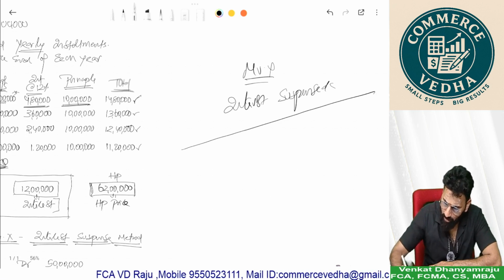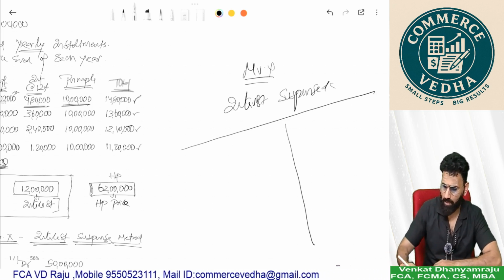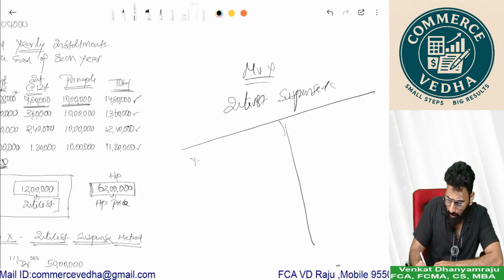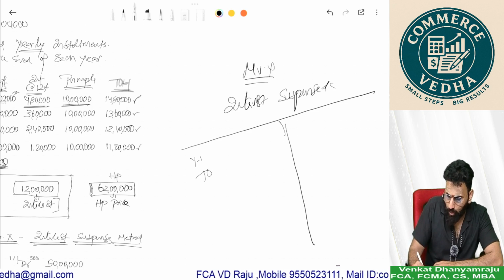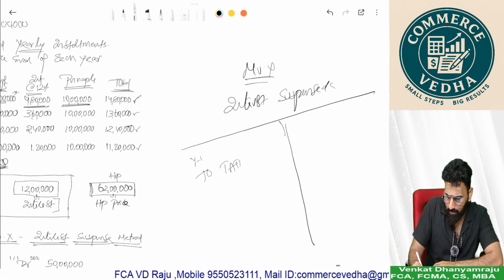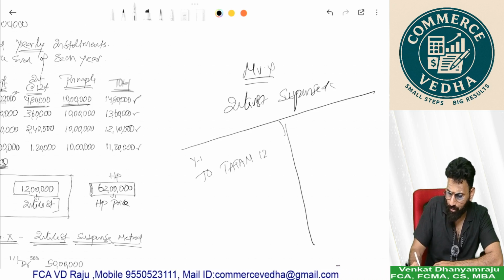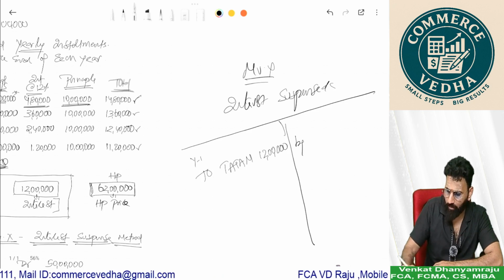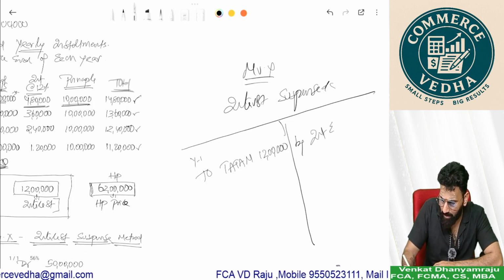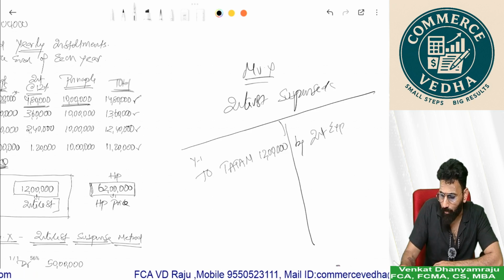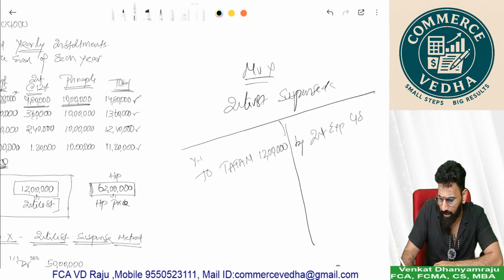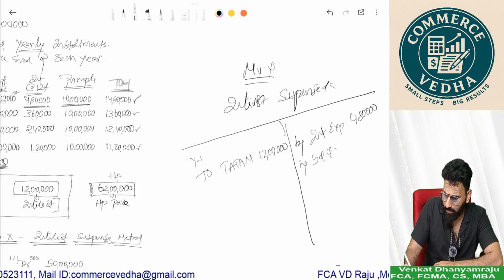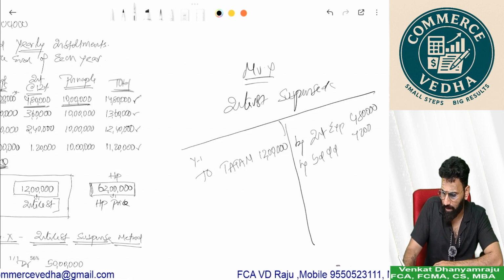Guys, observe what I am doing. Year 1, to Tata Motors, how much? 12 lakhs. At the end of year 1, by interest expense, how much did I book in the first year? 480. And by balance, 720.